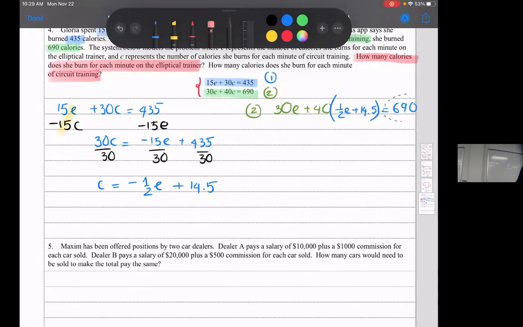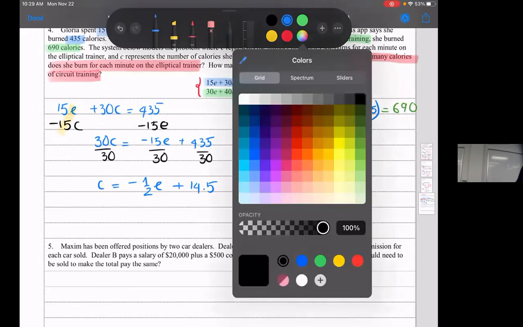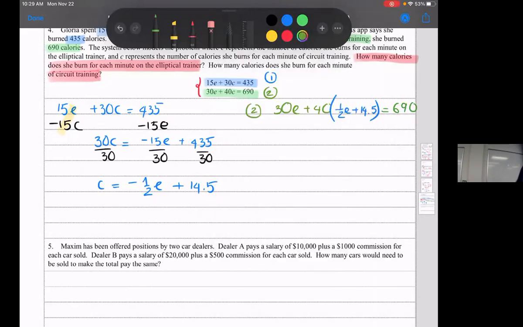It's supposed to be green. All right, solve for E. 30E plus, remember there's a negative 1/2 there. So 40 divided by negative 2 is negative 20E. 40 times 14.5. What do you have?